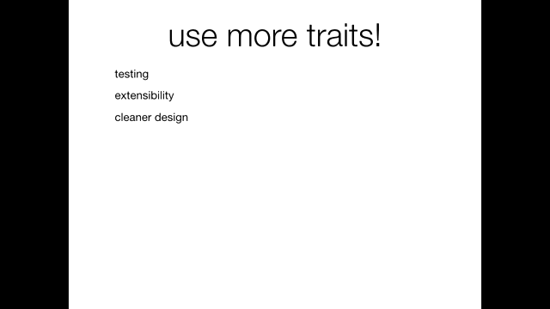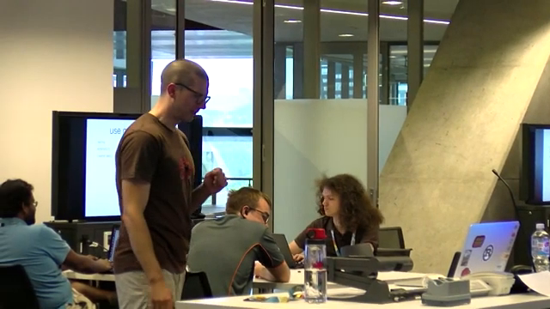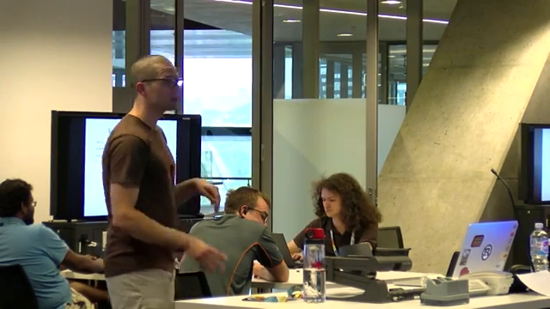This is probably good advice for nearly every Rust programmer. It's tempting, I mean, you can write Rust code without any traits. You can write methods in what we call an inherent impl, which is an impl which doesn't name a trait at all.